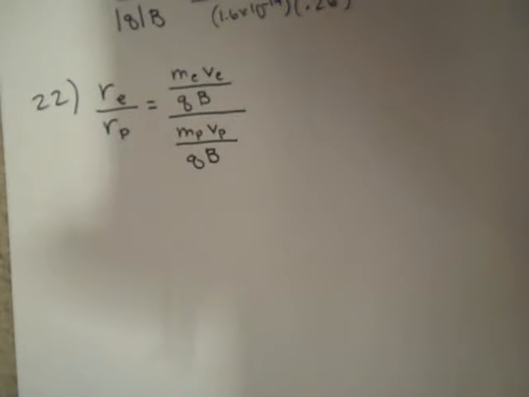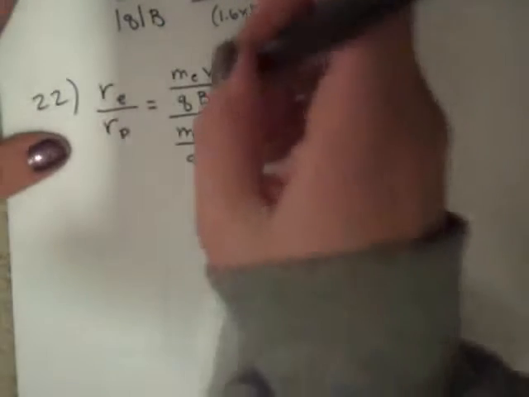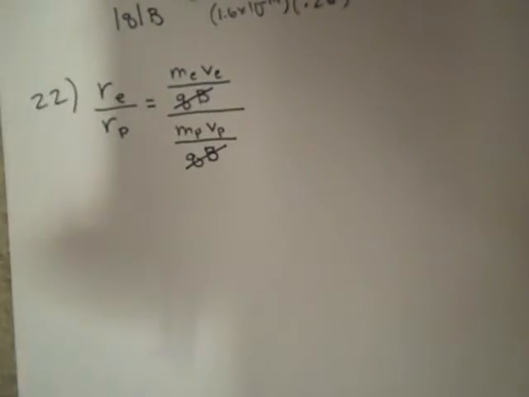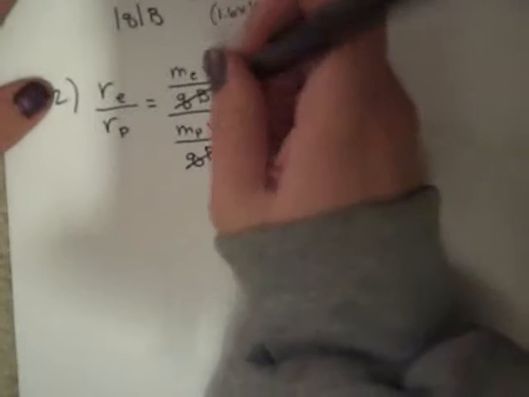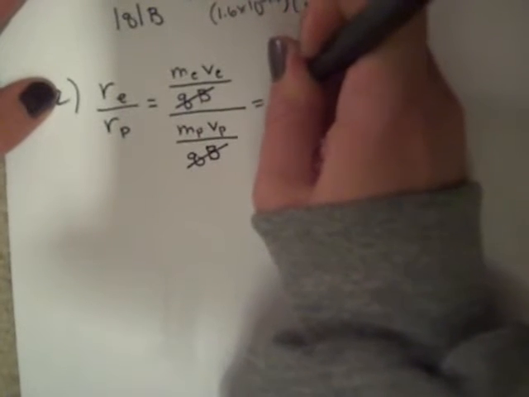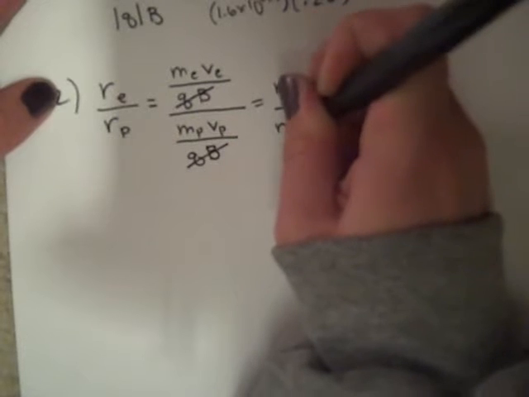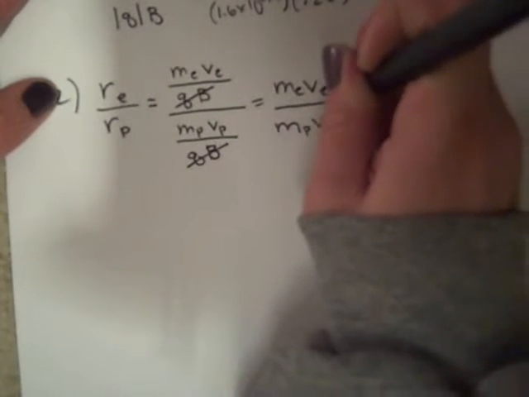They're in the same magnetic field and they have the same absolute value of their charge, so this Q times B term is the same in both, so I'm just going to cancel that out. And so what you'll get is the mass of the electron times its velocity divided by the mass of the proton times its velocity.